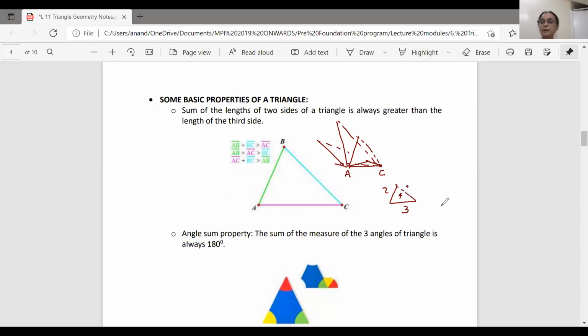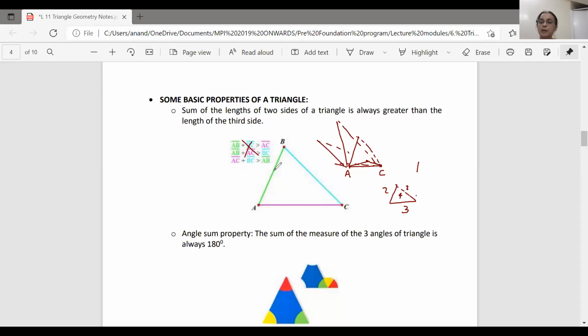Try it. Draw 100 triangles, because even if you draw one triangle in which this length is not less than the sum of these two, you have disproven this property. So draw 100 triangles. Try to see if you can disprove this.